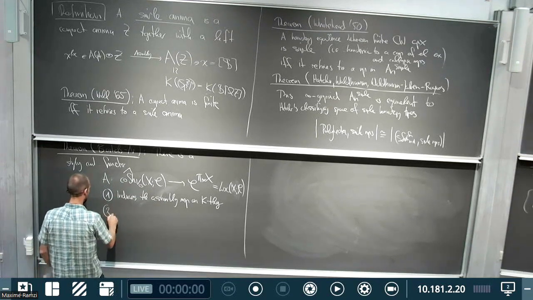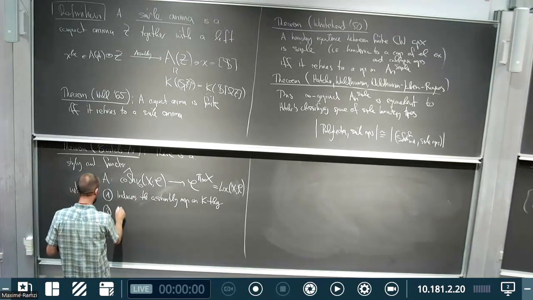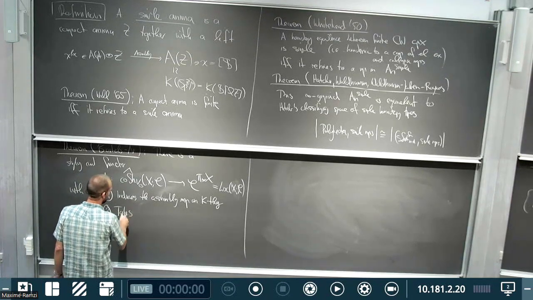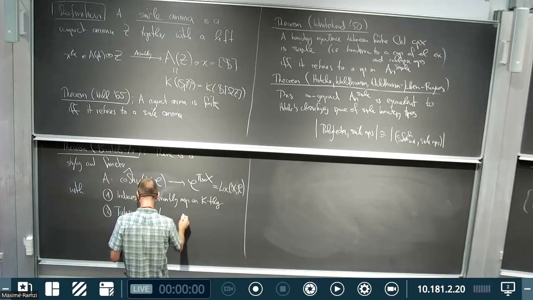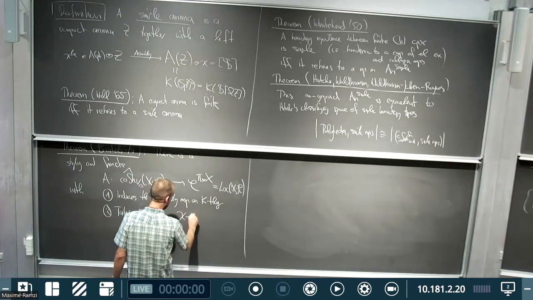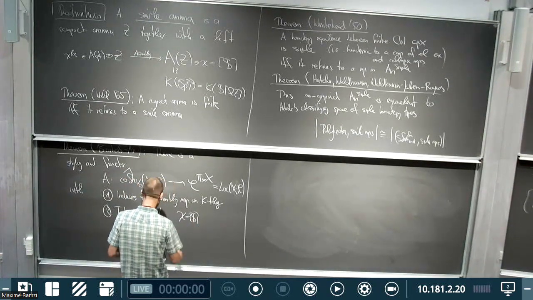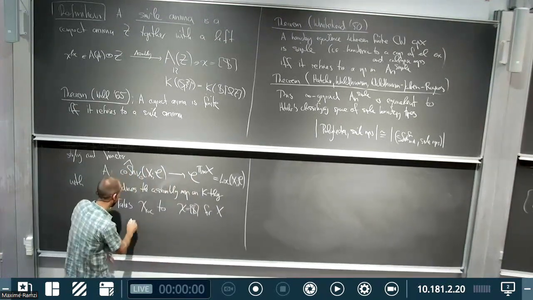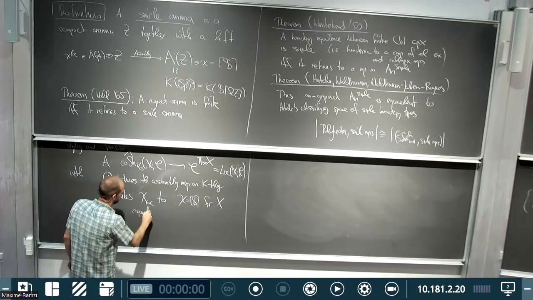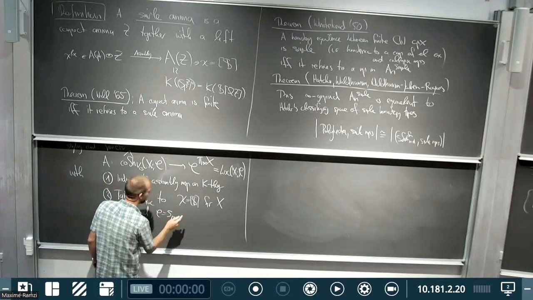And the second property is it takes chi log to chi, which was the class of the constant sphere, for X compact and C being spectral.